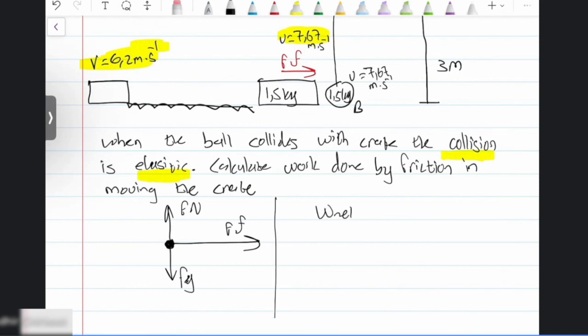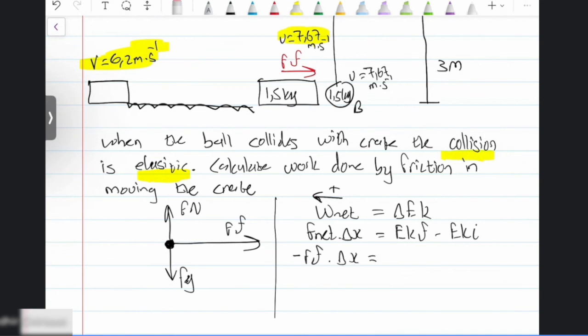So if we say work net is equal to the change in the kinetic energy, then work net is only equal to, if we're choosing the direction of motion as positive, friction is going to be negative. As one more step, F net times delta X is EK final minus EK initial.